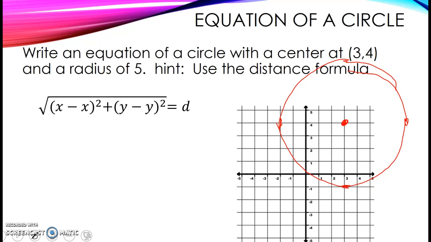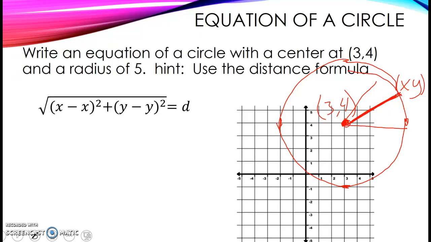So in order to do this, we're going to start with the distance formula, because we want to calculate this distance from any point on the circle. Let's say we call this point right here x, y. This point right here is the point 3, 4. And so I want to calculate what that distance is, or use a formula to figure out what that distance will always be.